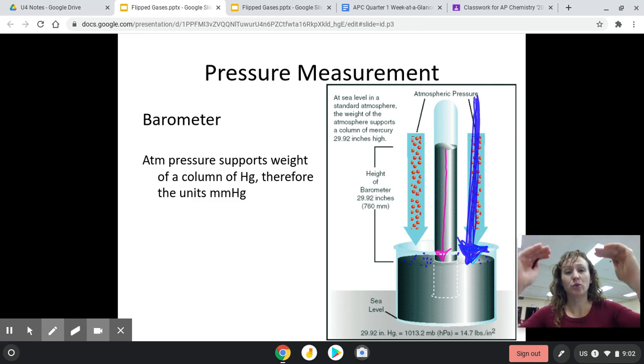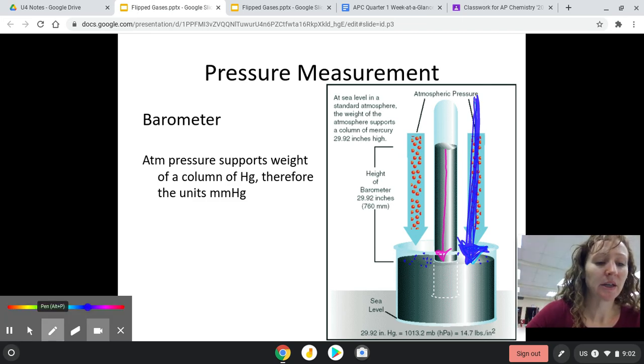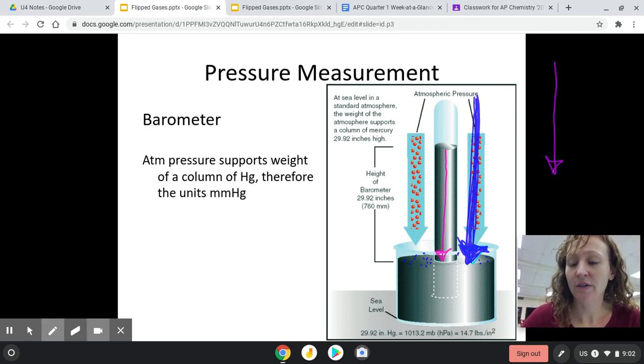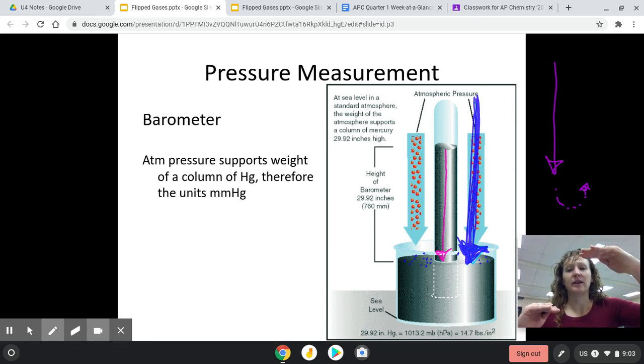So we have two forces happening here. When the pressure of the mercury column is higher, mercury is going to come out of the tube and go into the bowl, and it's going to cause the level of the mercury to drop inside the tube and the level in the bowl to rise.